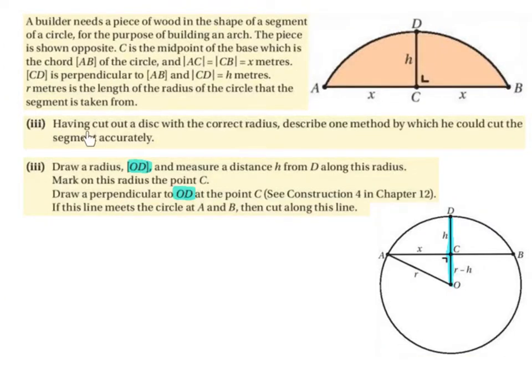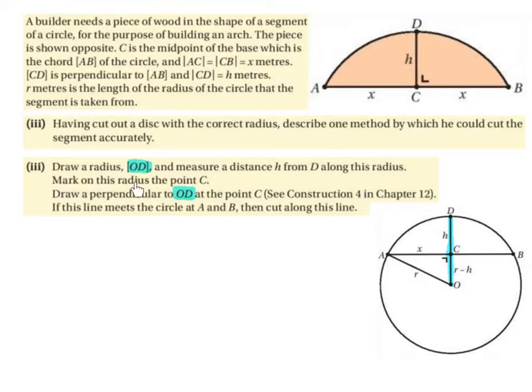Part 3. Having cut out a disc with the correct radius, describe one method by which he could cut the segment accurately. So he could draw a radius OD, the blue line, and measure a distance h from D along this radius.